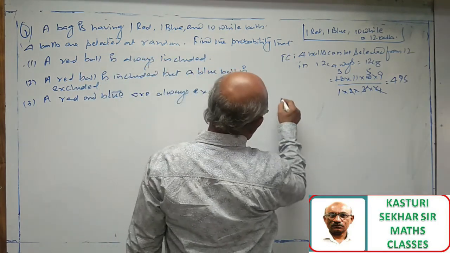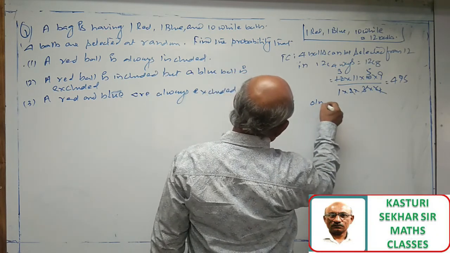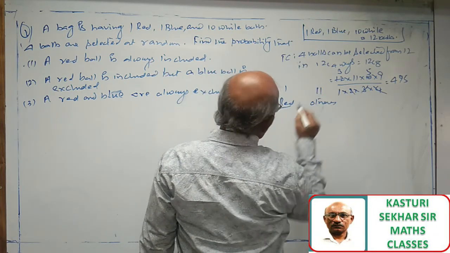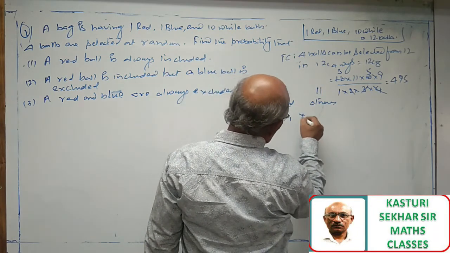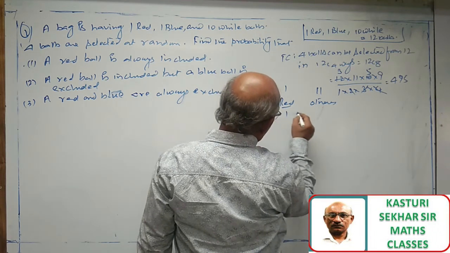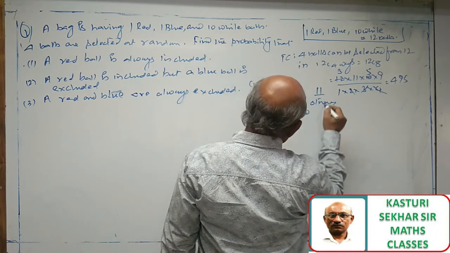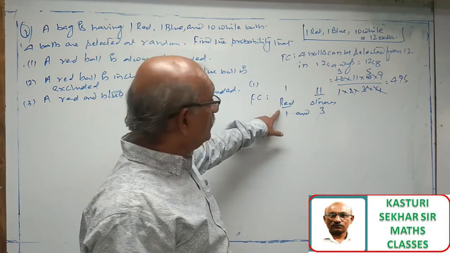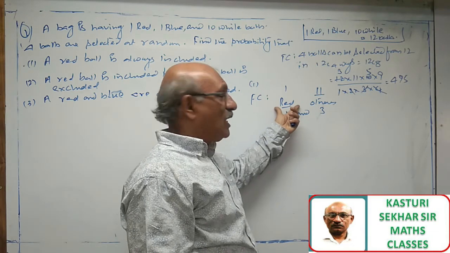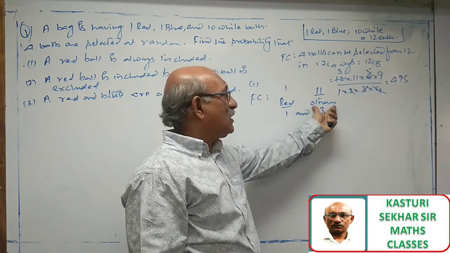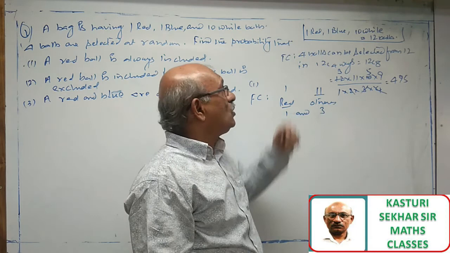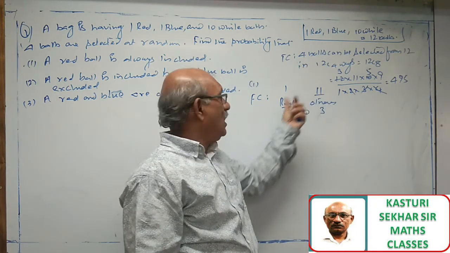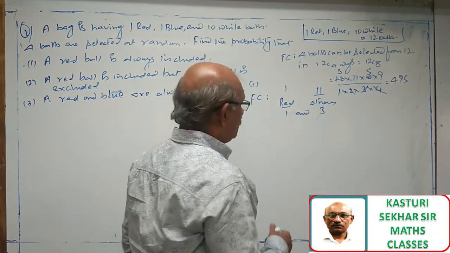A red ball is included. So this is red and others. First, one red ball, then 11 balls. 1C1 into 3. When a red ball is included, I am keeping red as it is and the other two colors are merged, so total 11 balls are there. 3 balls you have to select from 11. 1 ball is selected from red.